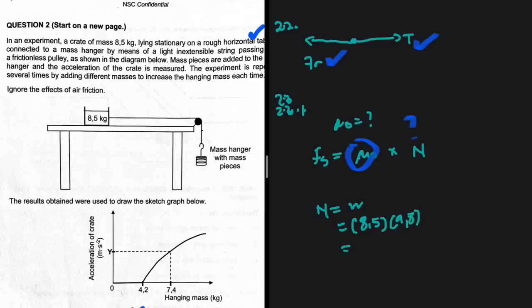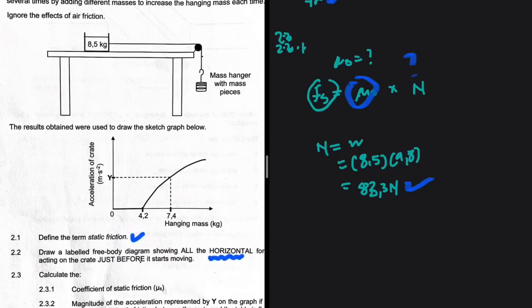Let me just put this in my calculator and see what happens. My calculator is in scientific mode, so let me put it back to normal. So we have 83.3 newtons. This is the normal force. And then the coefficient is what we're interested in. So how can we calculate the static frictional force?